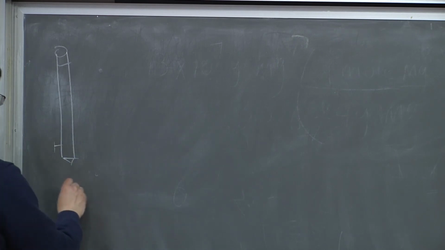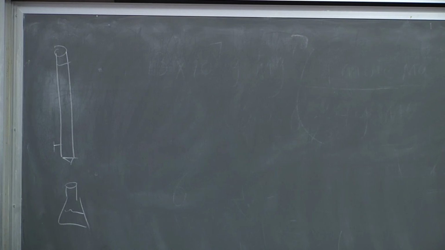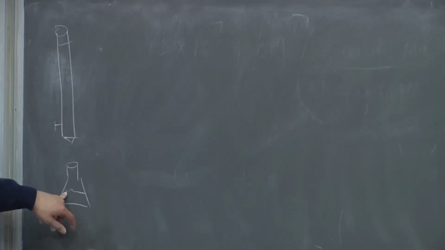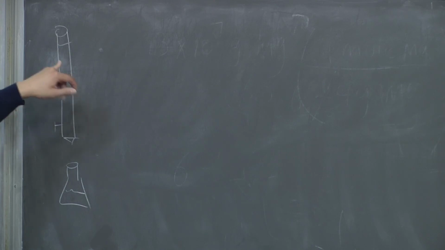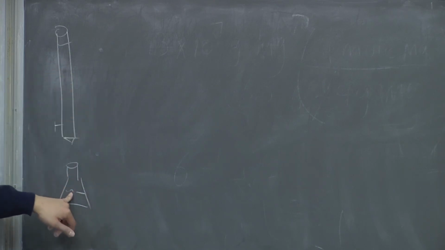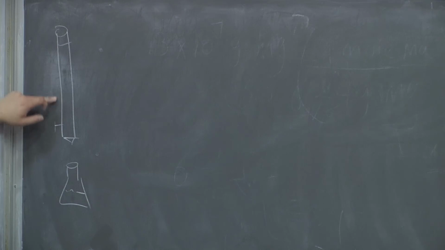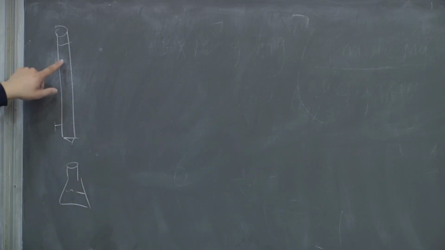And you have another one of your reactants in a flask. You know something about this, and you're trying to find out something about this. Or you know something about this, and you're trying to find something out about this. Your important measurement here is going to be your volume. Generally, you have a known concentration. You find out a volume.